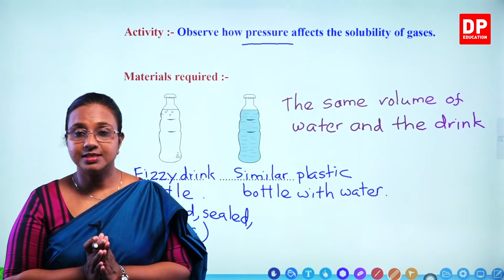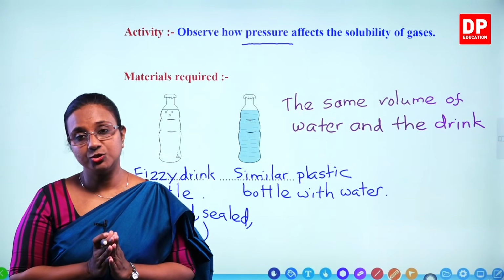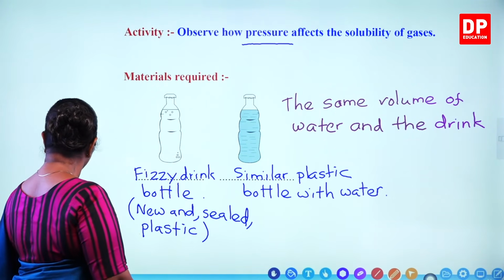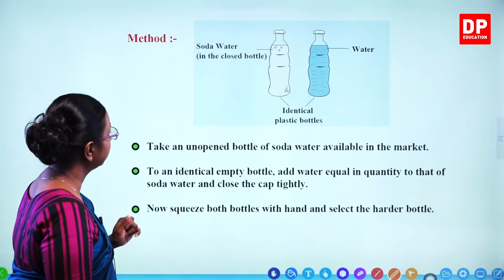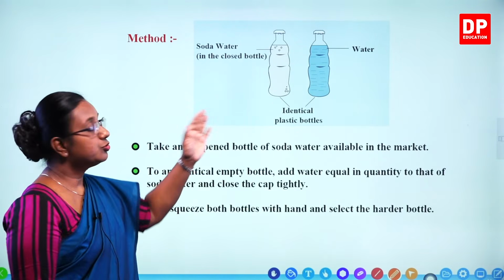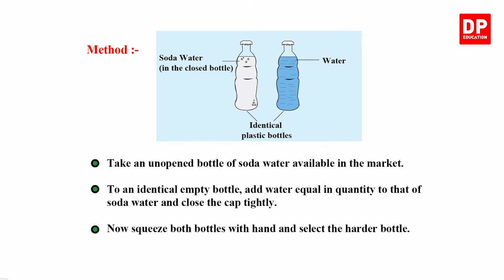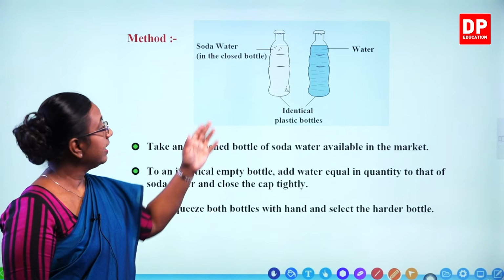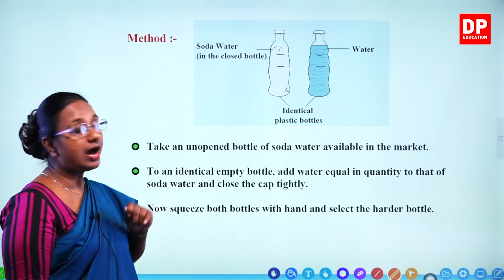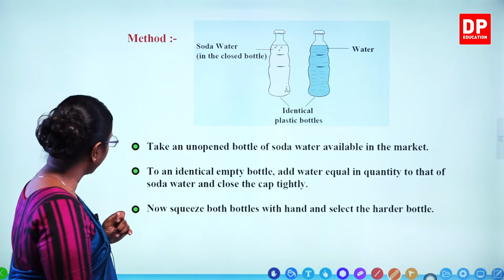So that is the activity that we are going to do now. Let me go through the method again. We have two bottles. Those are shown in the diagram. Soda water in the closed bottle and water, and both are identical plastic bottles.